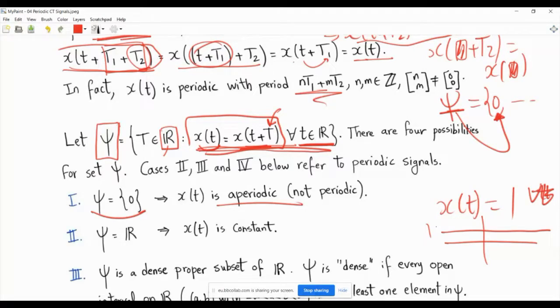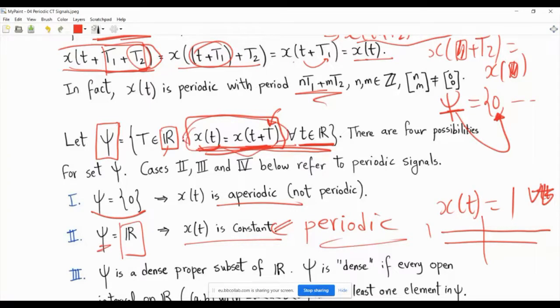In that case, psi will be the set of real numbers. So you get the constant signals, and all those are periodic. Of course, a constant signal is periodic because this is satisfied for every big T, including all non-zero real numbers. So this is the case in which all real numbers are possible periods of the signal, and psi is the set of real numbers.